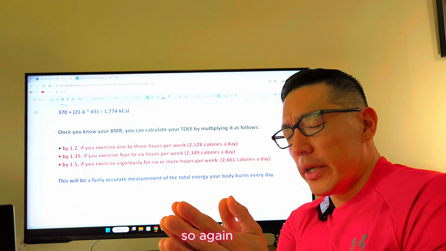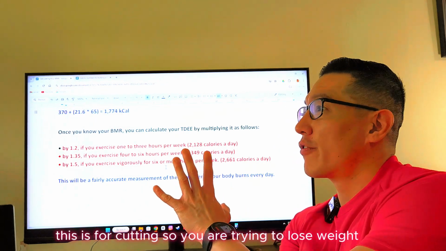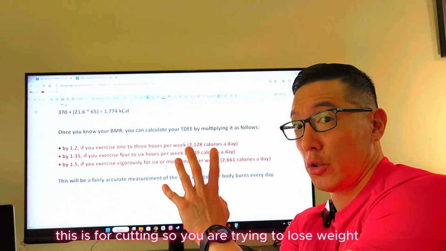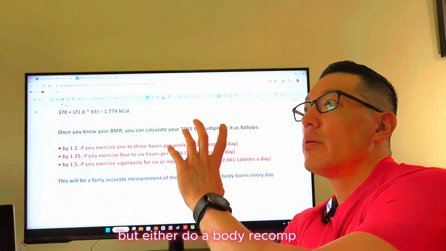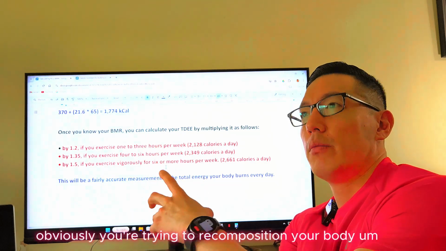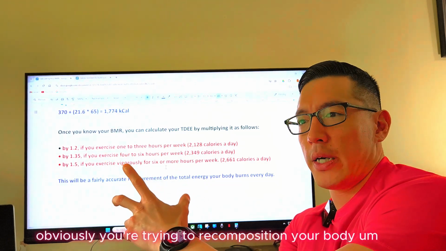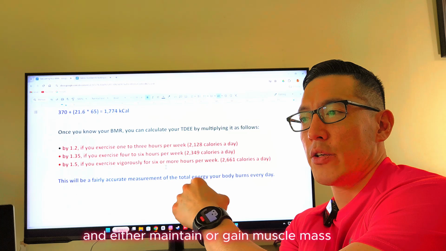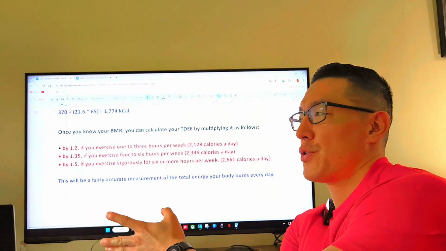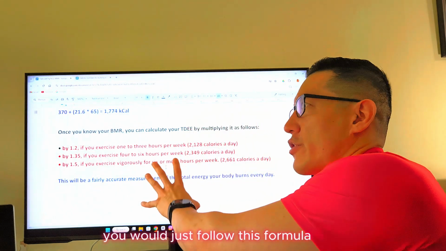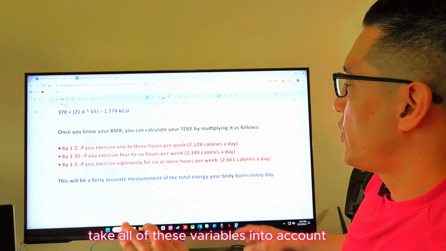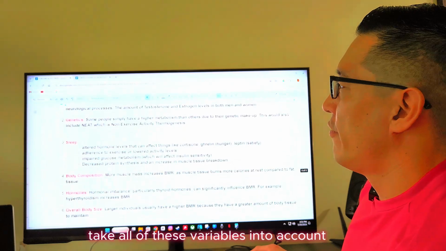So again, this is for cutting, where you are trying to lose weight, or a body recomp, where you are trying to recomposition your body and either maintain or gain muscle mass. You would just follow this formula and take all of these variables into account.